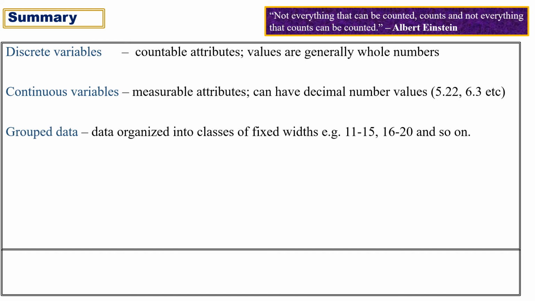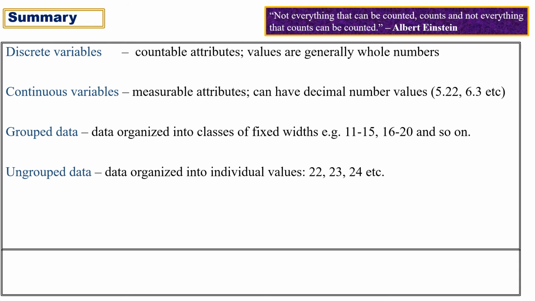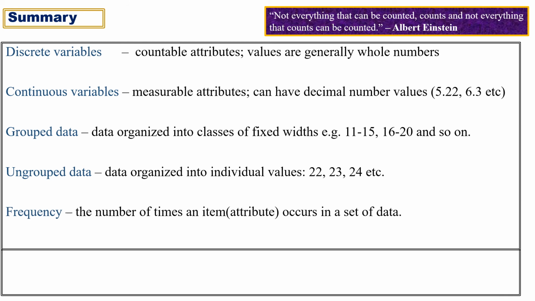Grouped data is just one way to organize the data that you've collected, and that means organizing them into classes of fixed widths, for example 11 to 15, 16 to 20, and so on. Whereas ungrouped data is data organized into individual values: 22, 23, 24, etc. Frequency just refers to the number of times an item or attribute occurs in a set of data.